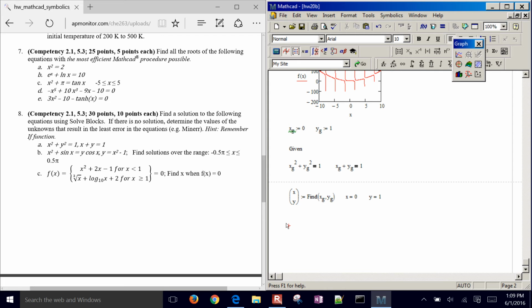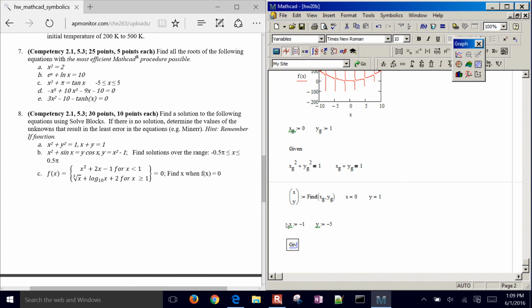This one is going to be similar. I'm going to have an x guess value, and then a y guess value. I'm just going to change these to x and y. I don't want to use the g there. Y equals -5.